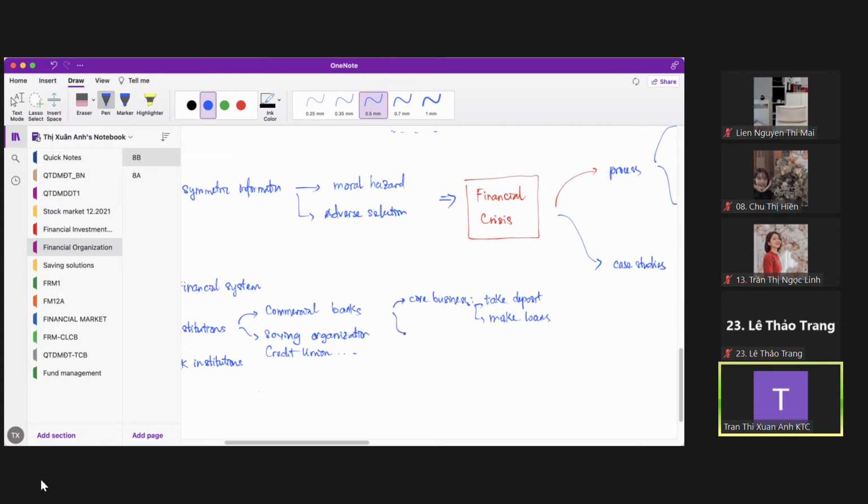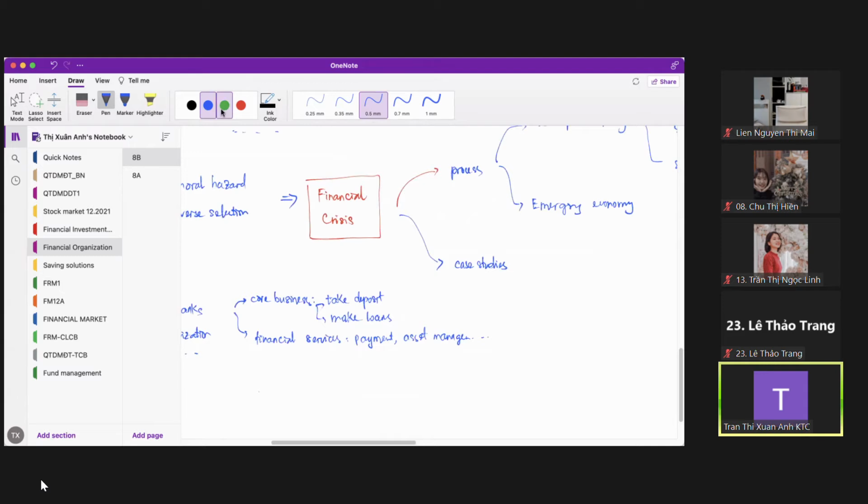And the others, maybe they can provide other financial services, including, let's say, payment services, or asset management, or something like that.